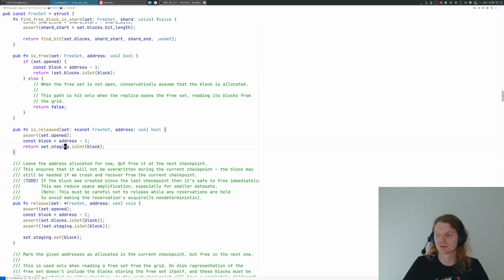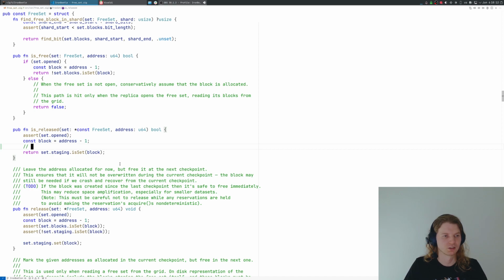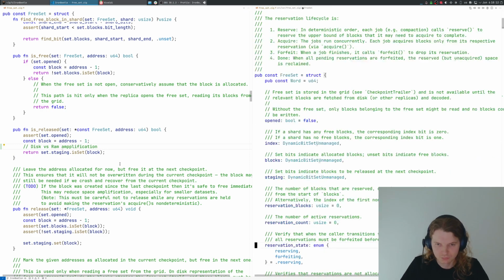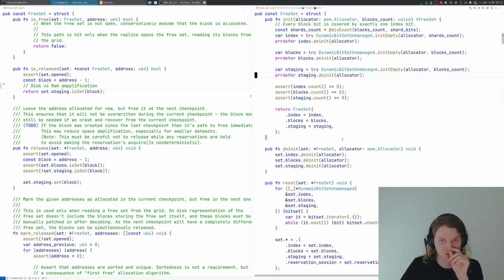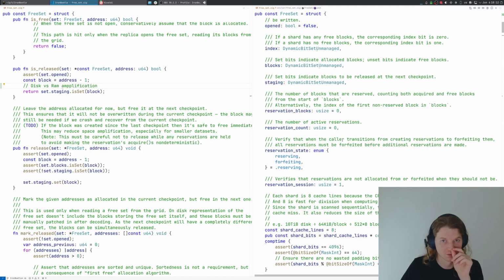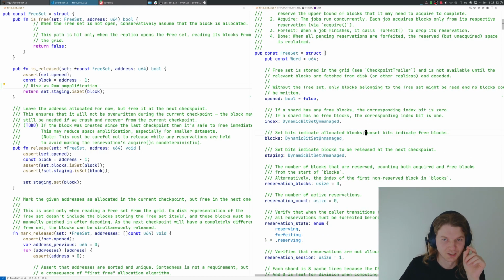And this is actually a good thing to do some napkin math and to compute the disk to RAM amplification. You see here we also have an index block, but it's going to be smaller, so we'll get to the index later. The main thing is that we have staging and blocks.